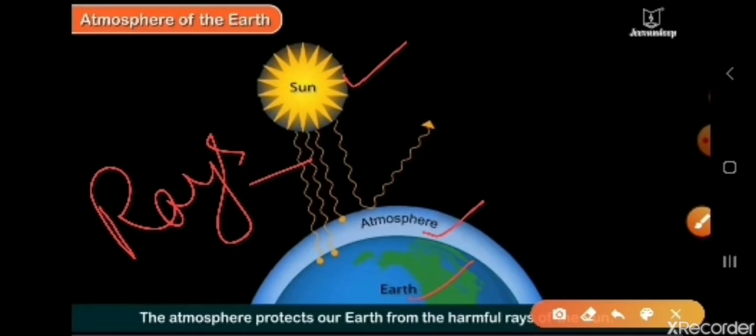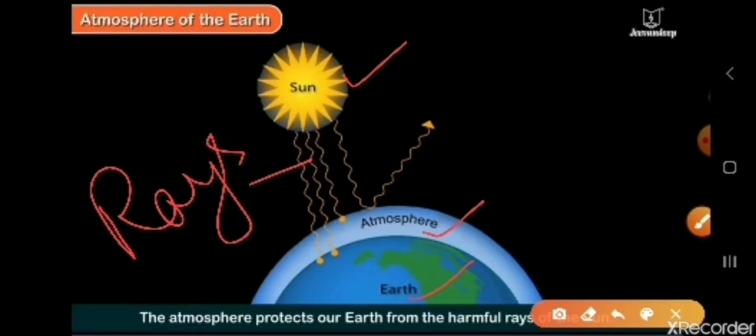Children, as we know, atmosphere acts like a filter. Atmosphere is a protective layer. Protective layer means it is something which protects earth from harmful rays of sun. We have already studied this in the previous chapter, and today once again we are revising.